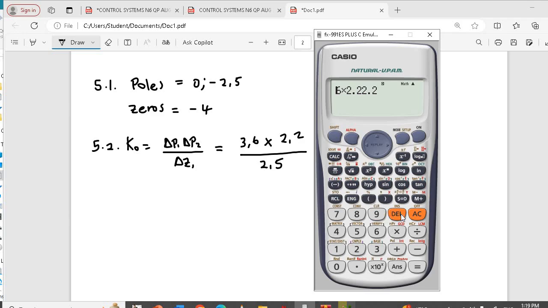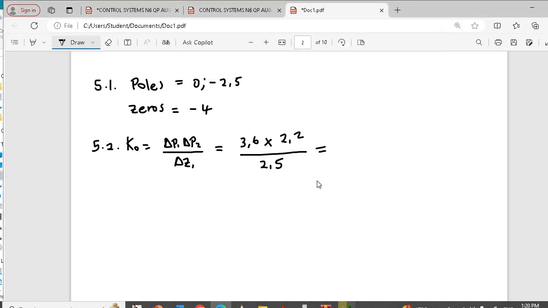This calculator wants to make my video long-ish. 3 comma 6, 2 comma 2, 2 comma 9. Yeah, that looks fine. So I'm getting 3 comma 17 or 168. Just like that. Now let's go to the next question.